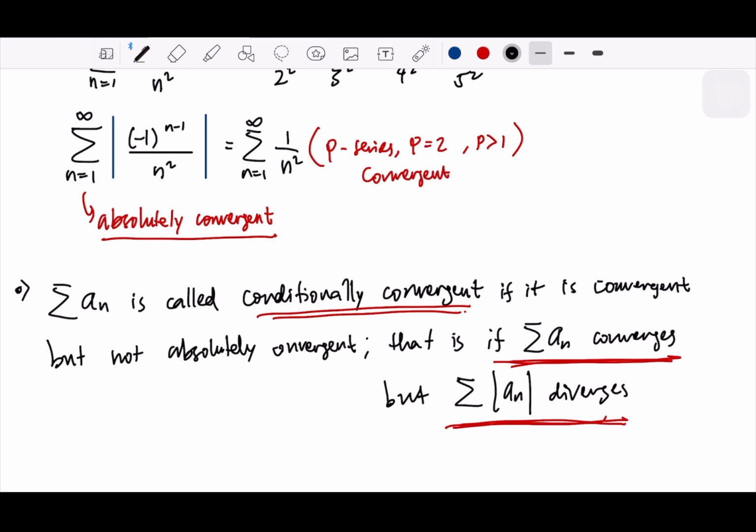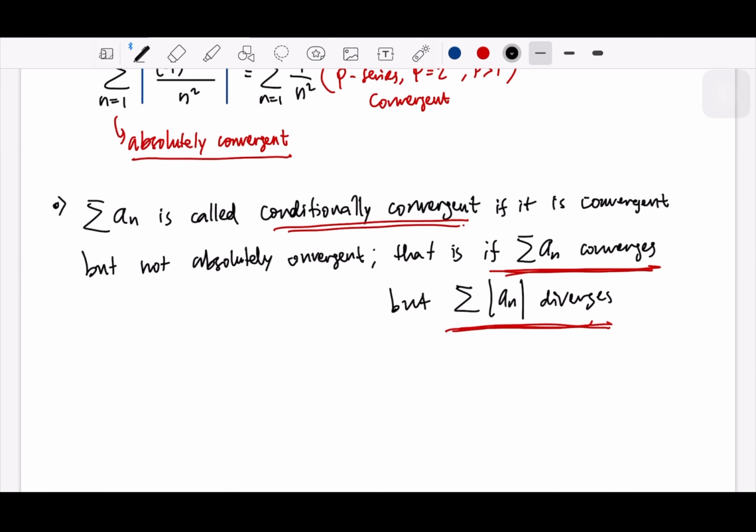I think we can take the example from the harmonic series that I mentioned before. Maybe I'm just writing the series. This is convergent by the alternating series theorem. It has getting smaller terms, and the limit is 0, right? The limit of the sequence 1 over n is 0.